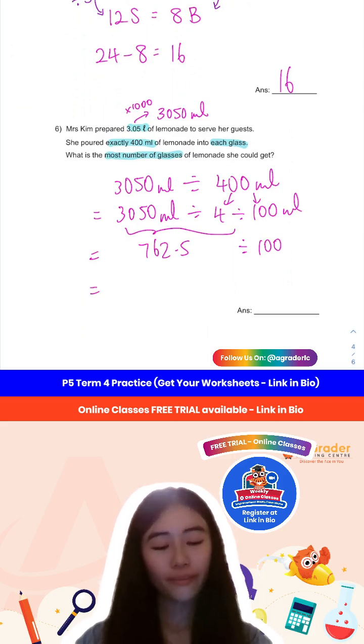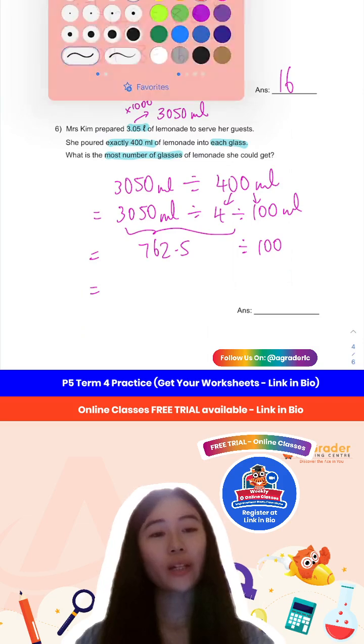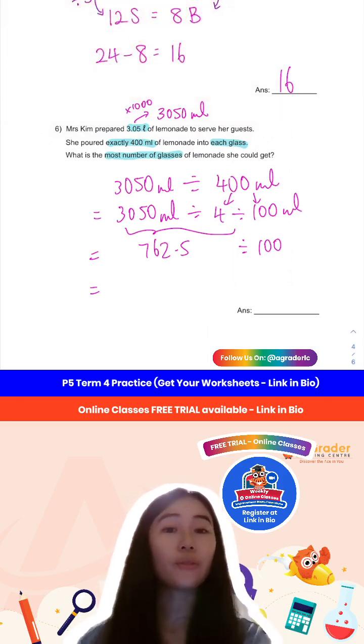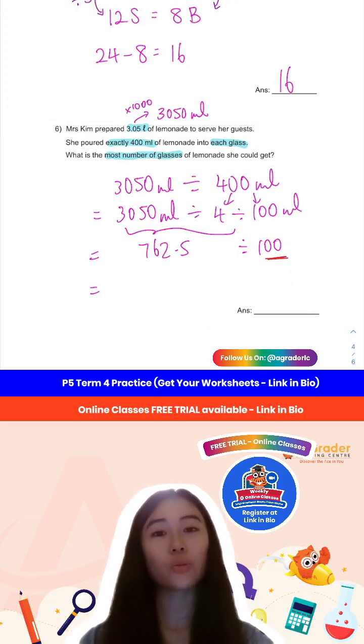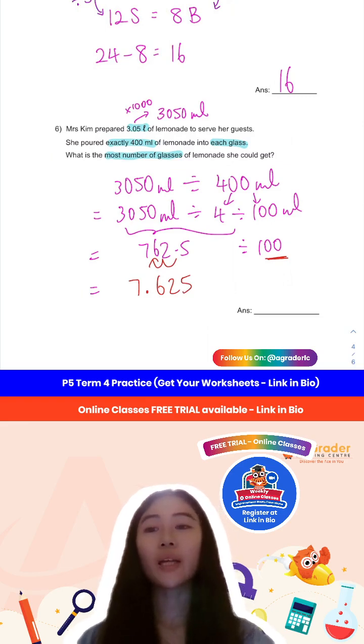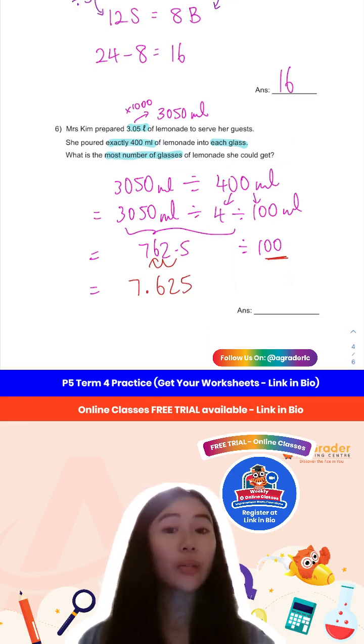Okay, so when you divide by 100, you just need to move 2 decimal places to the left because 100 has 2 zeros. So when you move 2 decimal places to the left, then your new decimal place will be at 7.625. So this is the answer, but then you got to either round up or round down, right?